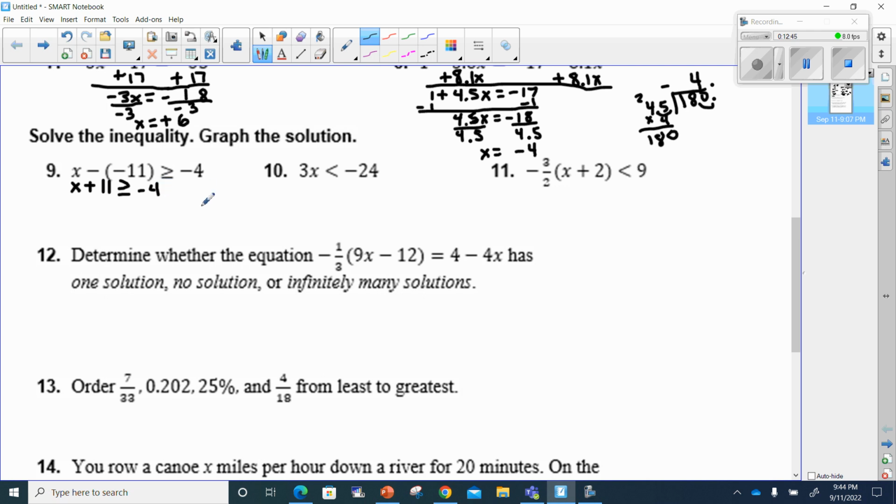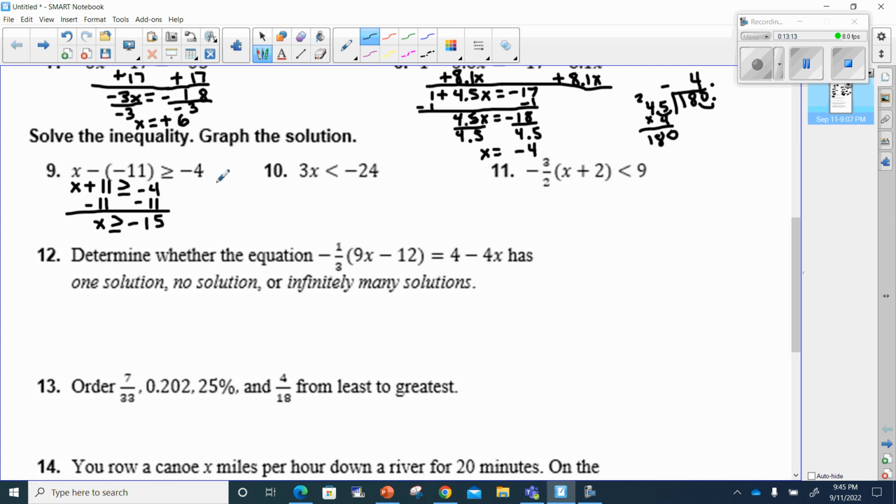All right. Now I realize I've got to get x by itself, so I'll subtract 11, because that will get rid of the 11 on this side, which means I will subtract 11 from this side. x is by itself now, because 11 minus 11 is nothing. And then negative 4 and negative 11 make negative 15.